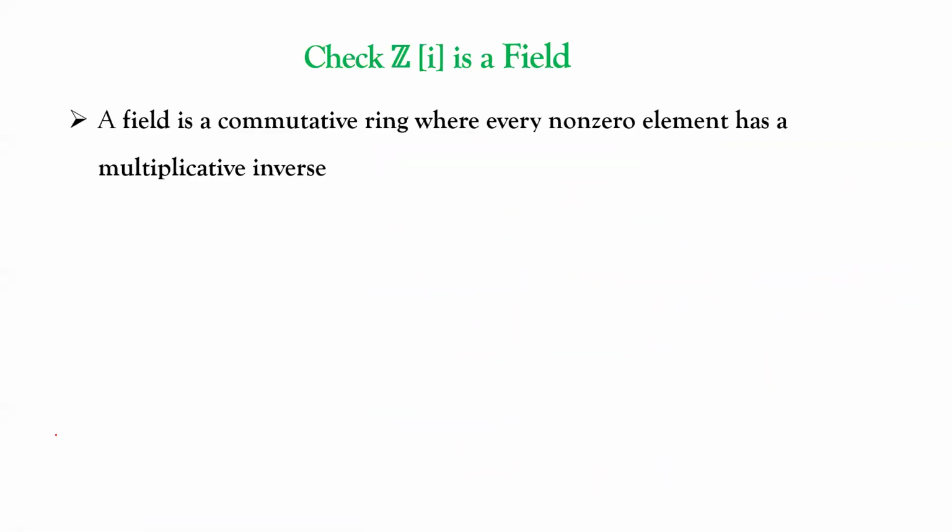Next, we check Z of I is a field. First, we see what is field. A field is a commutative ring where every non-zero element has multiplicative inverse.